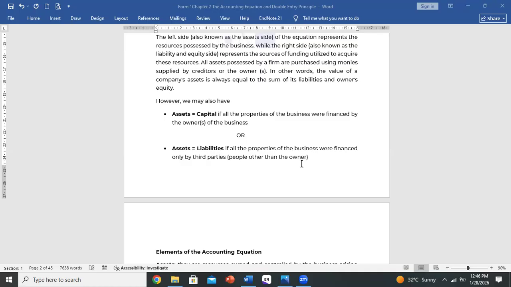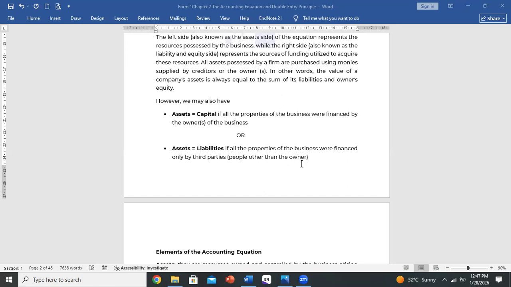According to the accounting standards, assets should be resources that generate benefits or revenue or income to a business. If not, it cannot be considered as an asset. So you might own it, you might be controlling it, but if it's not bringing any benefit to the business, in accounting we don't acknowledge that as an asset.